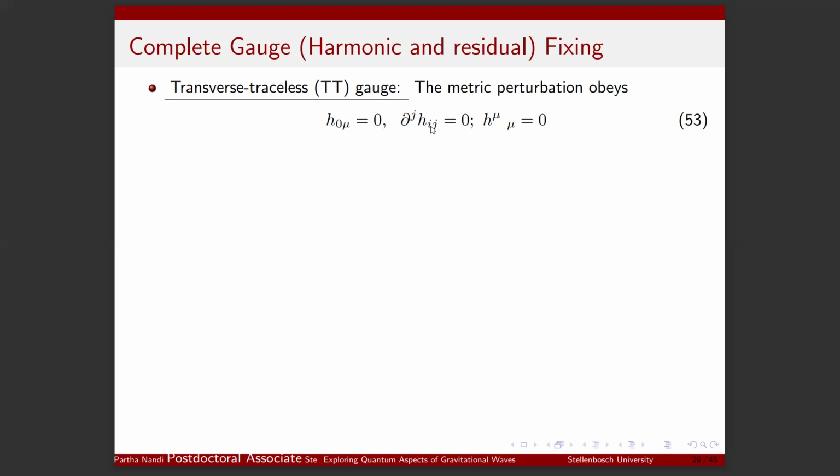This gives 3 equations, because i runs from 1 to 3 over the space index. So we have 4 equations and 3 equations, so 7 constraints. One can observe that h is the trace part of the metric perturbation. The trace is 0, so therefore we have 8 constraints over and above this variable.